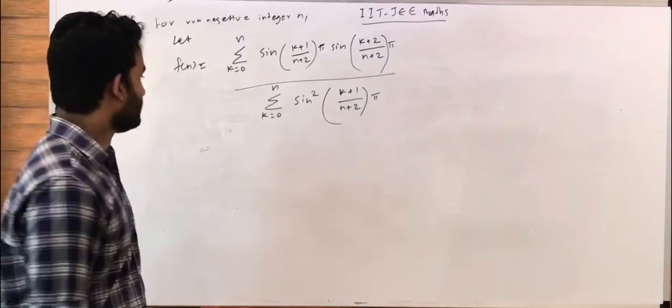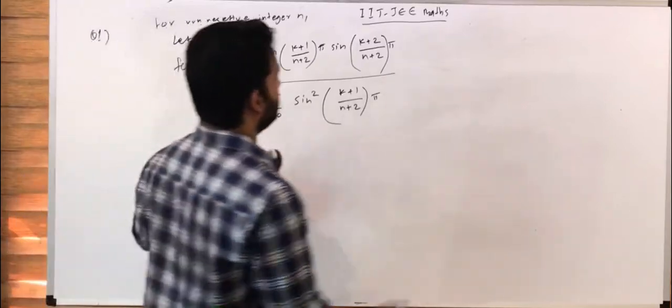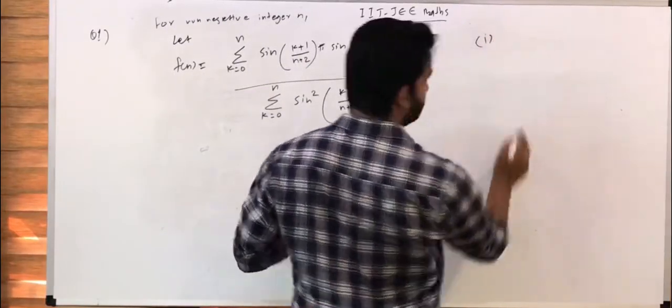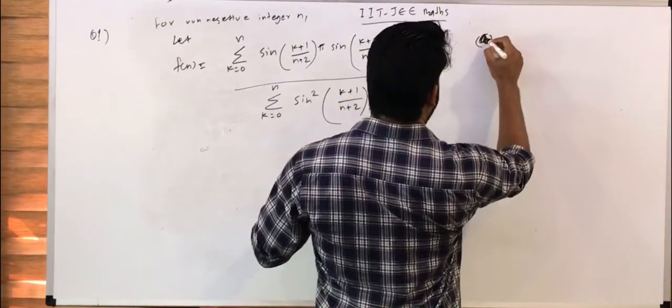Okay, this is f of n, and the options are given.